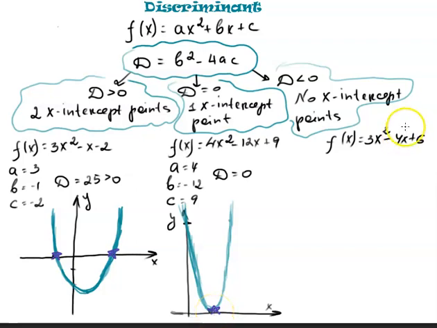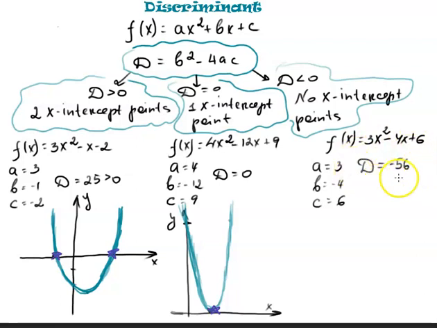And the third function I brought in is f of x equals 3x squared minus 4x plus 6, where a equals 3, b equals -4, c equals 6. So the discriminant, when you plug those numbers into the formula for the discriminant, will be -56.